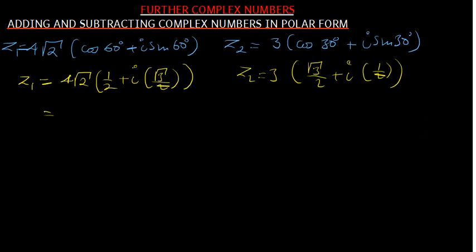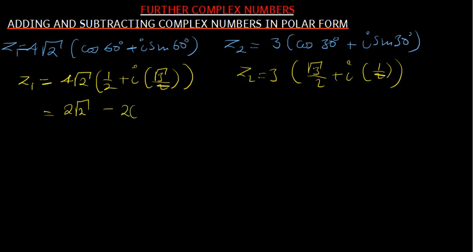And so 4 root 2 times 1 over 2 is going to give 2 root 2. And then plus this again multiplied by that. So we can see that the 2 can go into 4 there. That is 2 times.